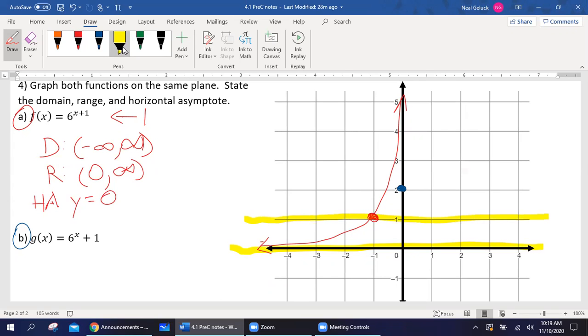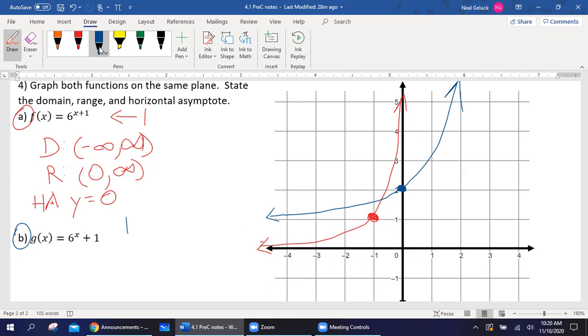So you don't have to draw the asymptote, but realize that that's going to be my new horizontal asymptote. So this function is going to hug y equals 1 and then shoot up after that.